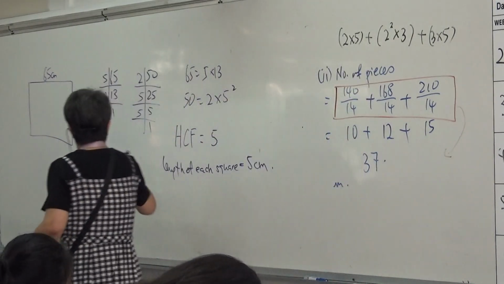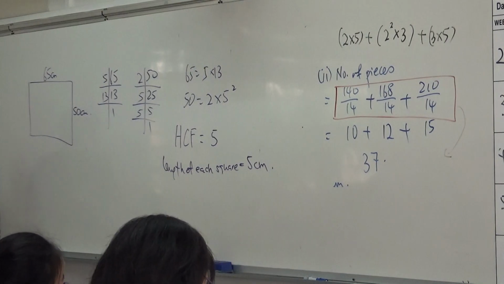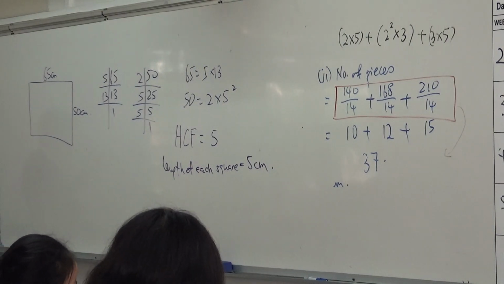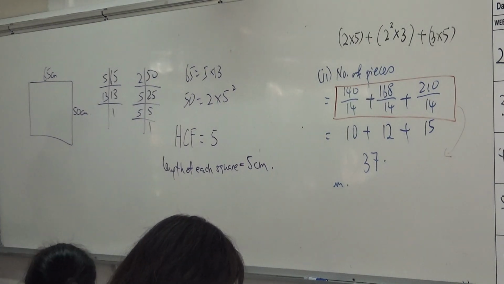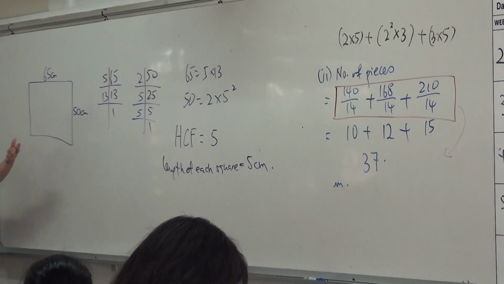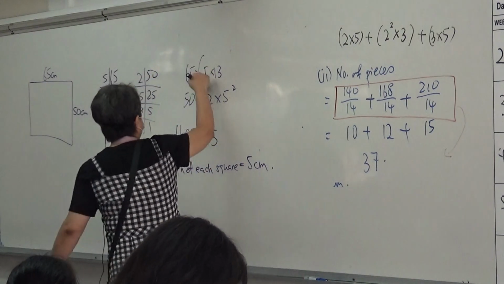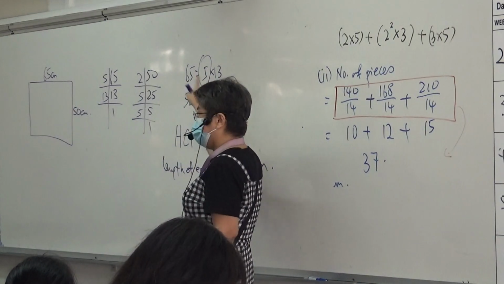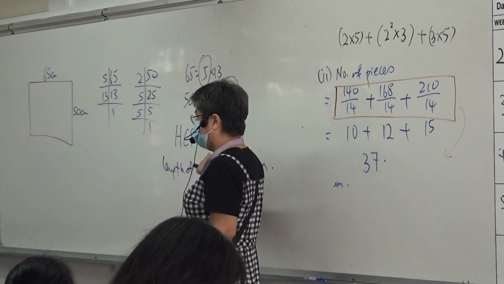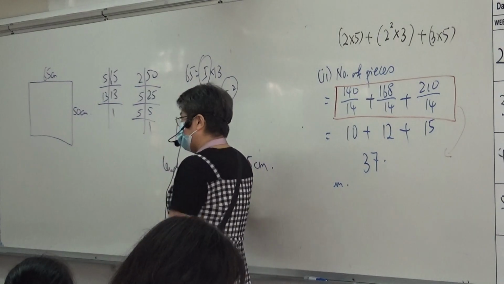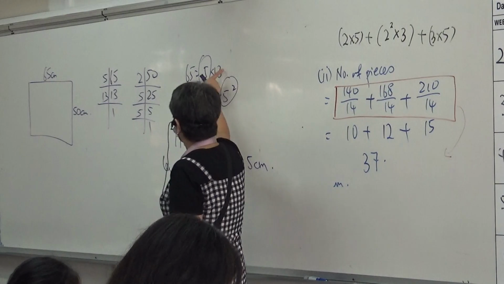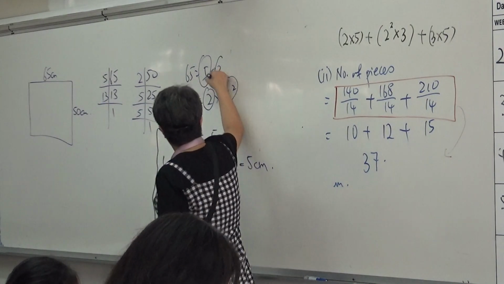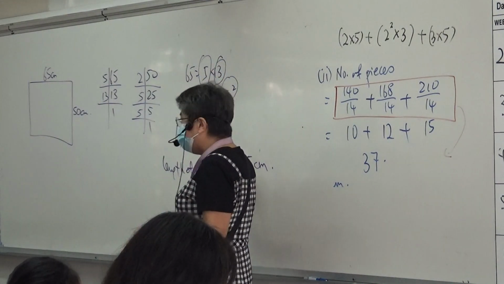Now, did you watch my video on how to get the highest common factor? Just now I asked which question you don't know, and you don't listen at all. Highest common factor is what both must have. Both of these have 5, right? You take the smaller one. For LCM you take the bigger one. 2 cannot be taken, because this one doesn't have it. 13 cannot be taken, because this one doesn't have it.